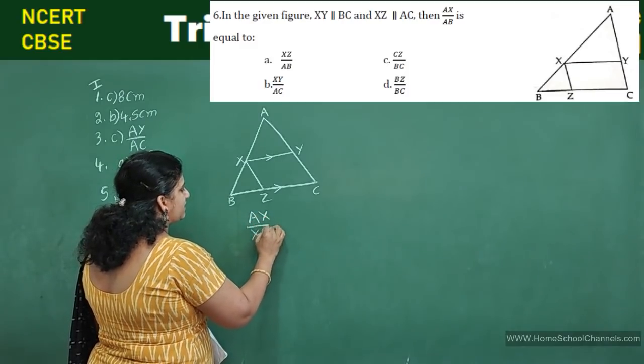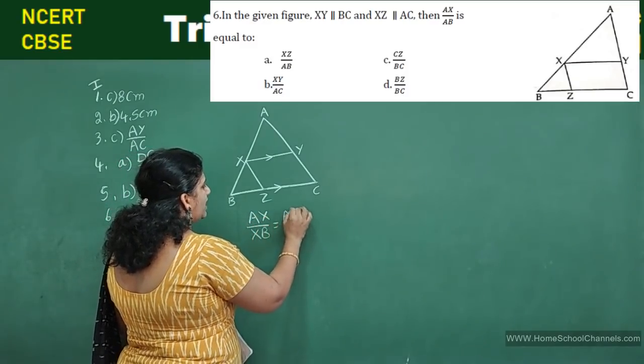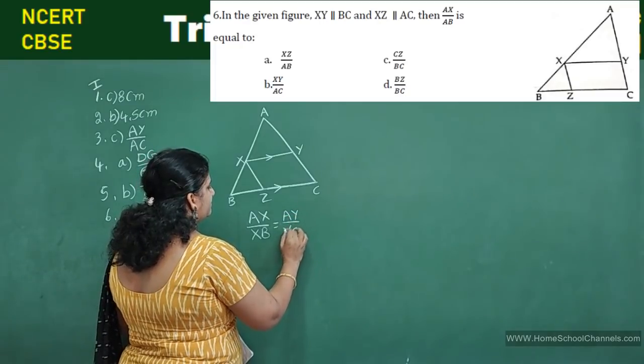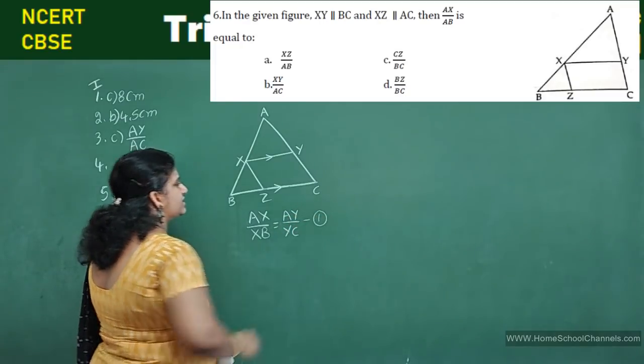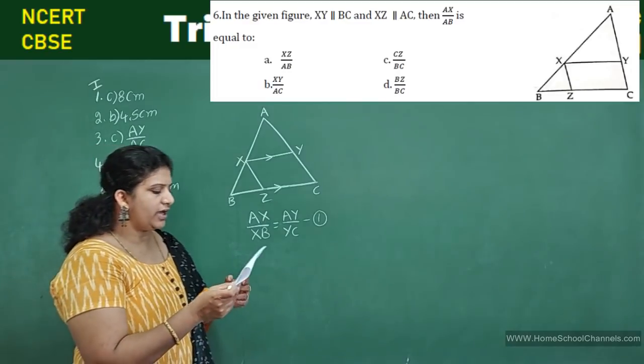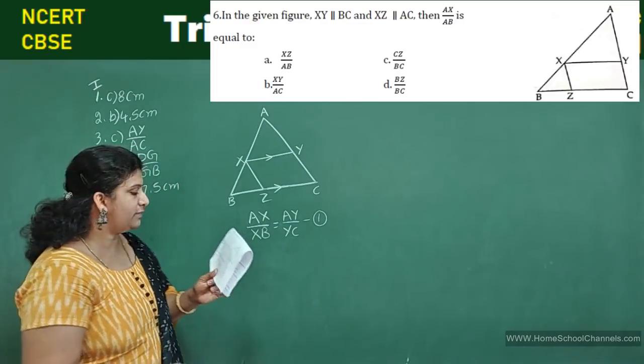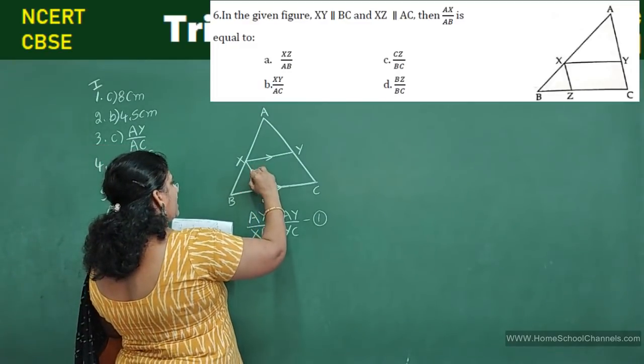Now write the ratio in proportion: AX by XB is equal to AY by YC. Mark it as the first equation. Now the next point I am going to read here: XZ parallel to AC.